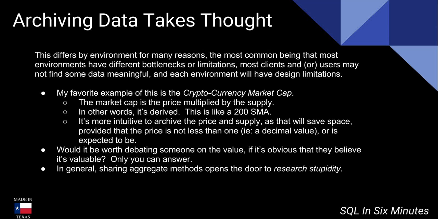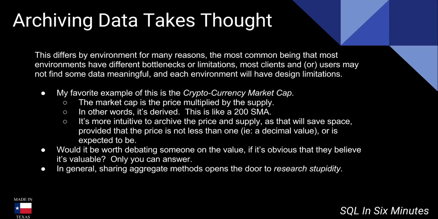However, it doesn't matter, and it goes back to this whole cryptocurrency market cap site. If people think that it's so important what the market cap is, even though again mathematically it's the price, but whatever, that's what the client wants to see. It's the same thing. I would normally, if I'm going over 10 years, probably not save the 200 simple moving average, right? Because it's a derived measure.